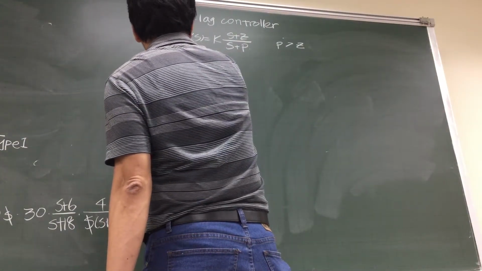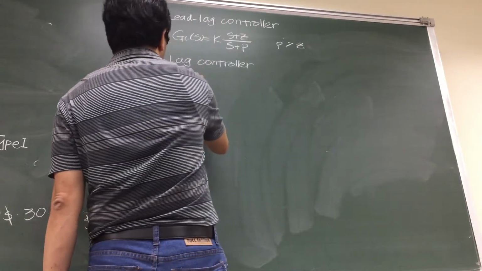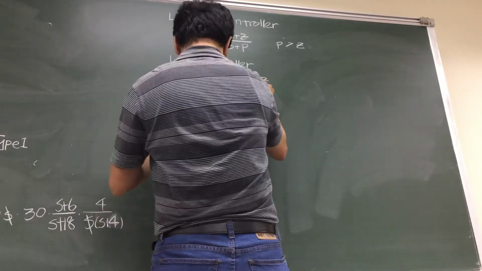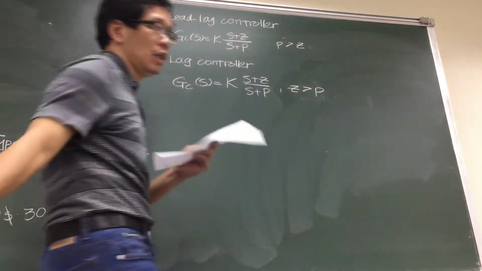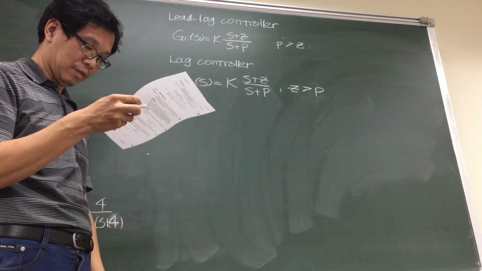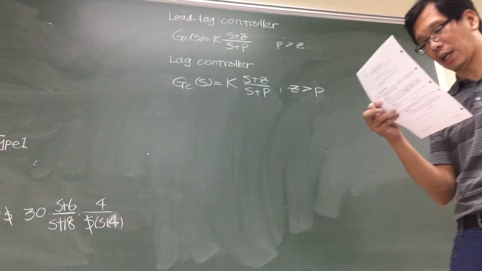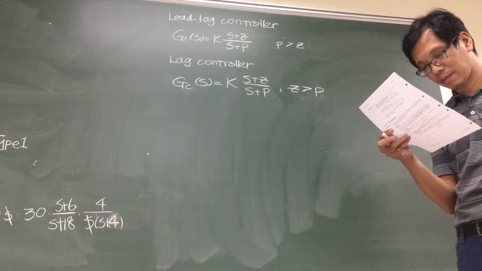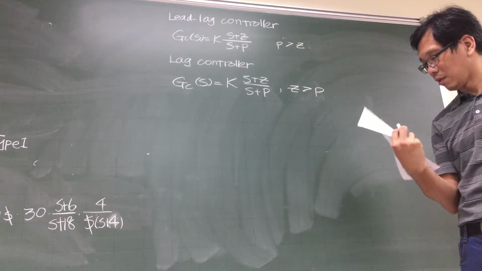So for a lag controller, we still have the controller looking the same, but Z will be larger than P. The values of Z and P are small compared to omega n, and because Z is greater than P, the phase is negative, corresponding to a phase lag.